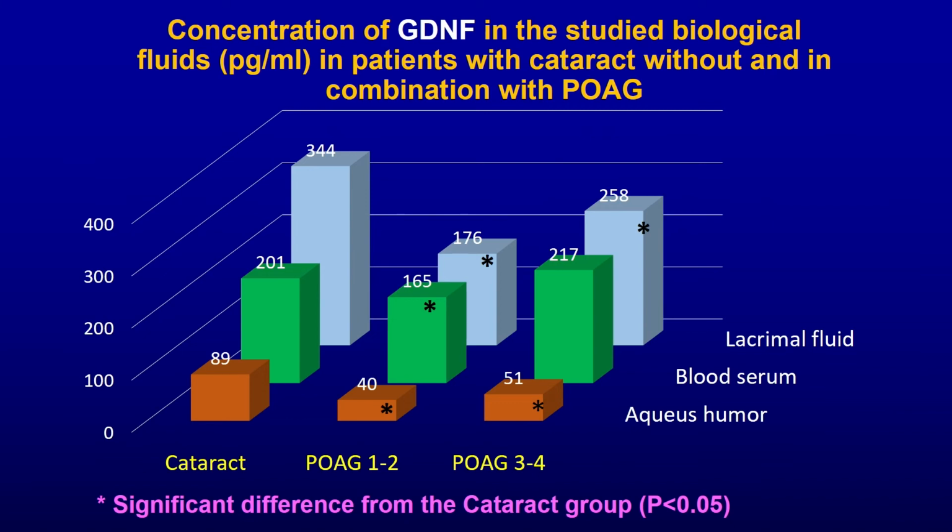So that means this neurotrophic factor was reduced not only in the fluid of the chamber and in the tear film, but also in the blood serum. So in the whole organism, we saw the reduction of GDNF content. And then it was increasing by stages 3 and 4, but in the anterior chamber fluid, it never reached normal ranges, only in the blood serum.